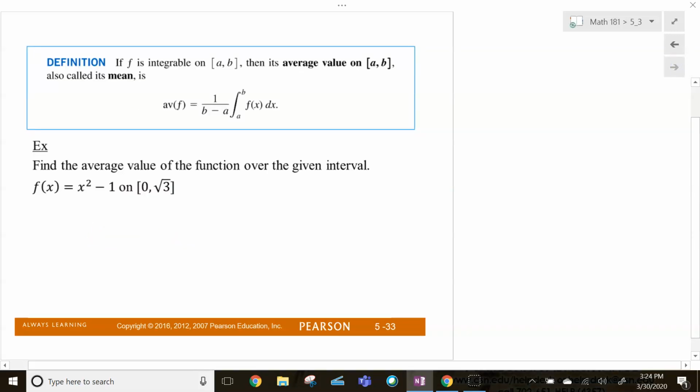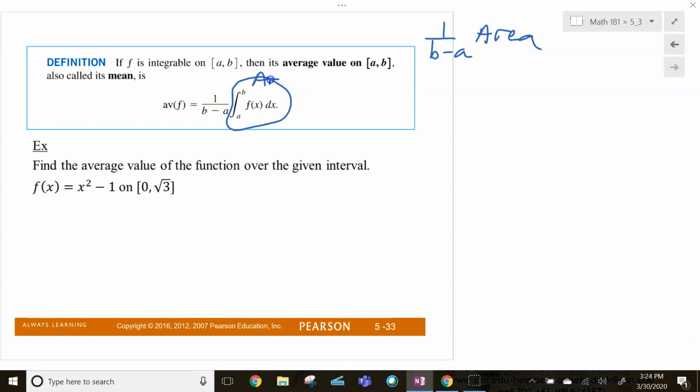All right, finally, let's finish up with the average value from A to B. If you remember, two sections ago we talked about average value being 1 over B minus A times the area. But this right here is our area. We now know that definite integral.